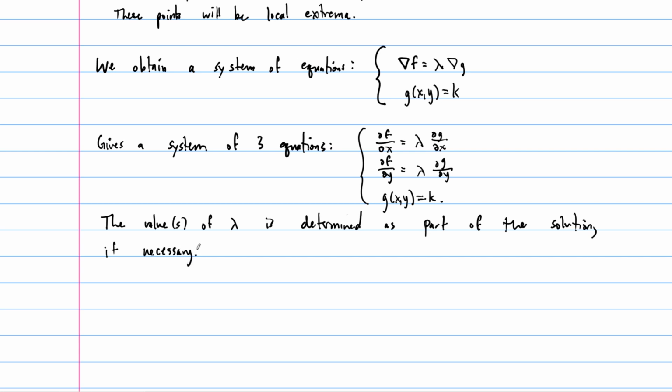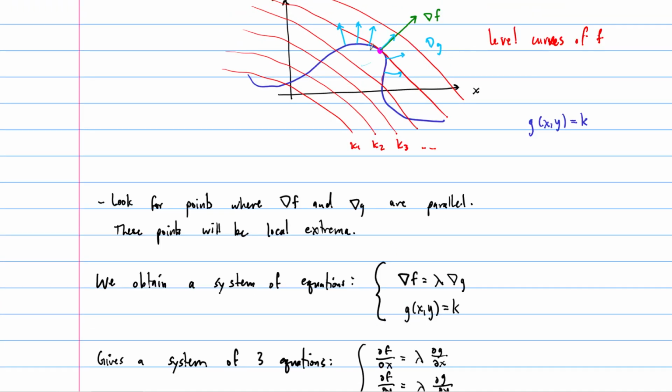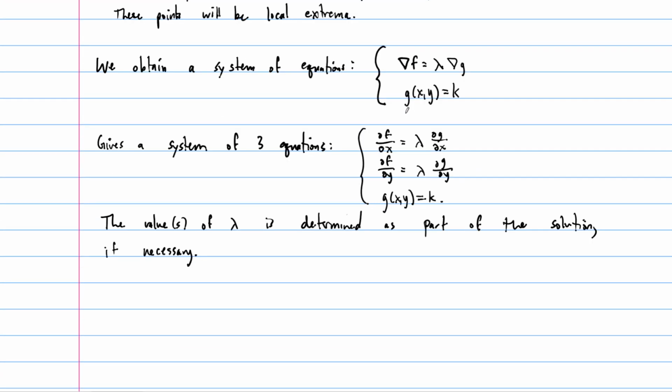Sometimes it's necessary to actually compute the lambda, and sometimes it's not. But the idea is once we solve for the x and the y, those are going to be the candidates for the local max and min. So when we solve this system, the points x, y are local max and min given the constraint.